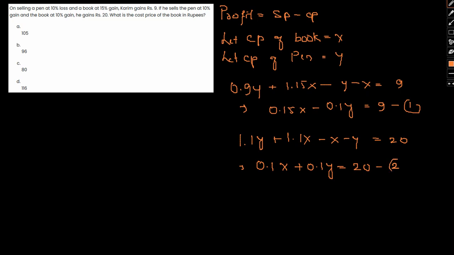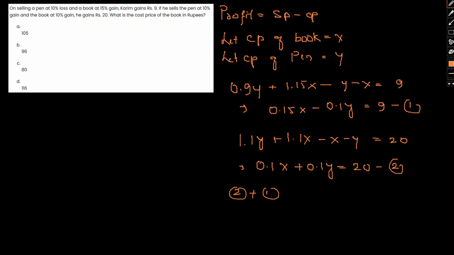Now suppose we do 2 minus 1, then we will have 0.1x minus 0.15x equal to... sorry guys, these are opposite in sign, so we cannot subtract. Let me just add these things up.